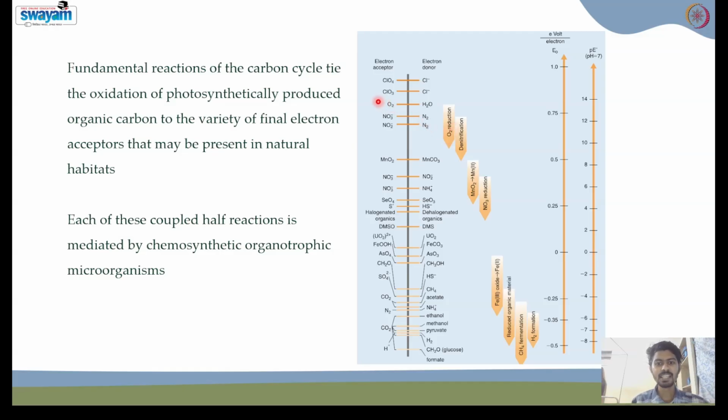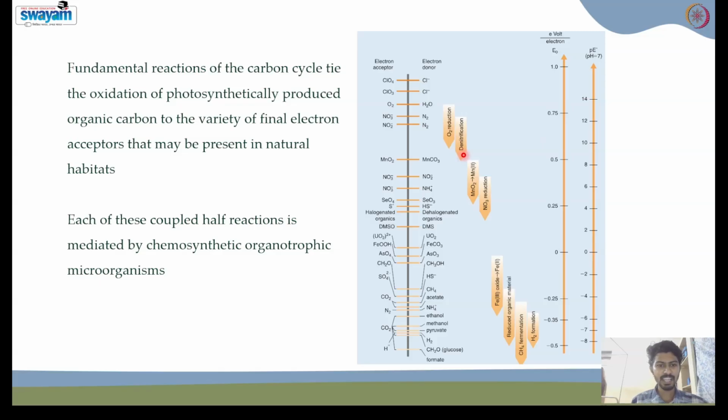What happens here? The oxygen will be acting as an electron acceptor and it will be converted into water. So this is the more favorable reaction because it has a higher E naught value and higher PE value. And we will be defining these terms in the upcoming slides.